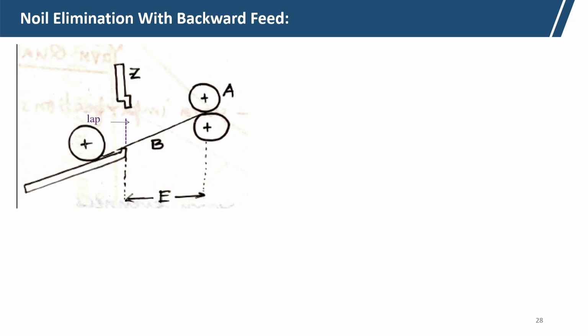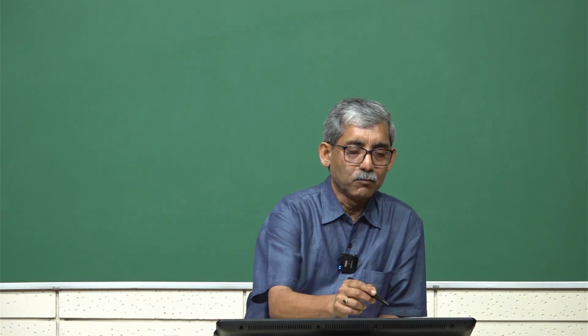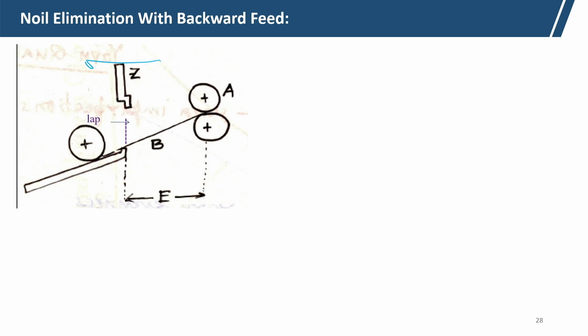First, we will discuss the Noil elimination with backward feed. Backward feed means that during the backward movement of the nipper assembly the feeding will take place, so during the forward motion there won't be any feeding.